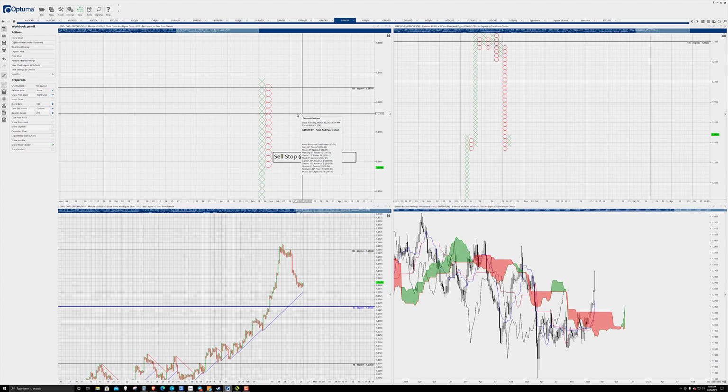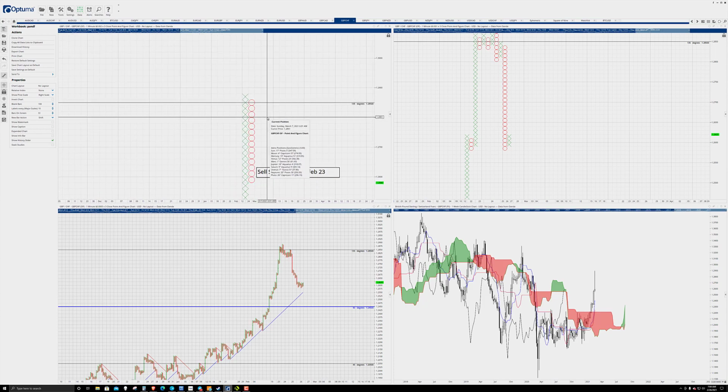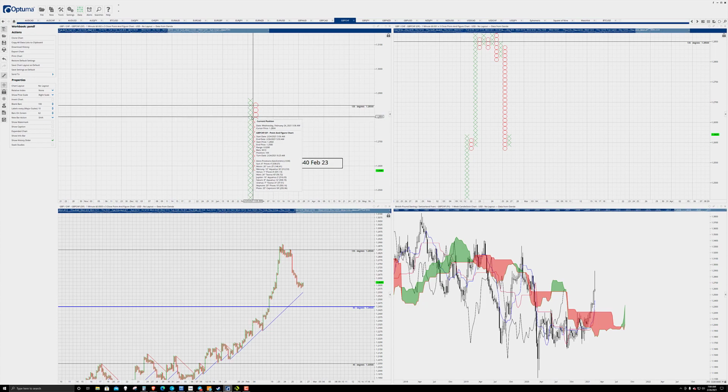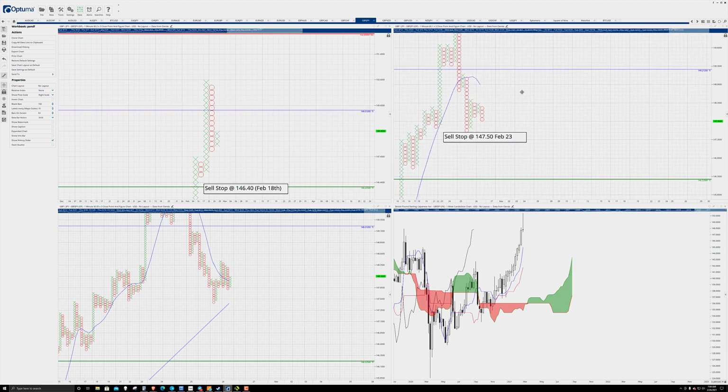We looked at the pound Swiss for a short and the pound dollar. And again, 3-box reversal, this would have yielded a 220 pip profit move so far. The pound yen, we also looked at doing a short here as well.